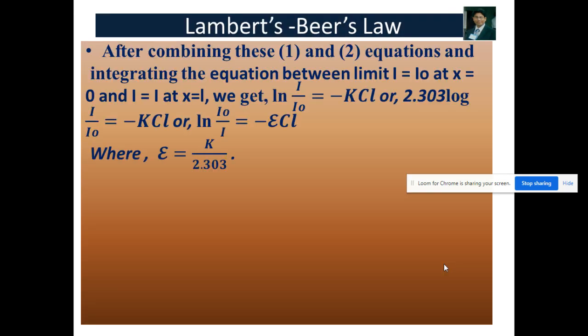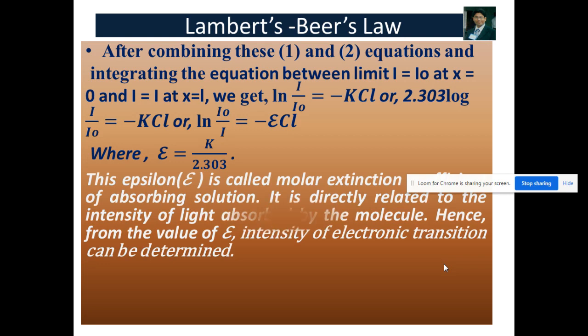After combining these two equations and integrating between the limits I equal to I0 at x equal to 0, and I equal to I at x equal to L, we get ln I by I0 is equal to minus k c into L, or 2.303 log I by I0 is equal to minus kcL, or ln I0 by I is equal to epsilon c into L, where epsilon is equal to k by 2.303.